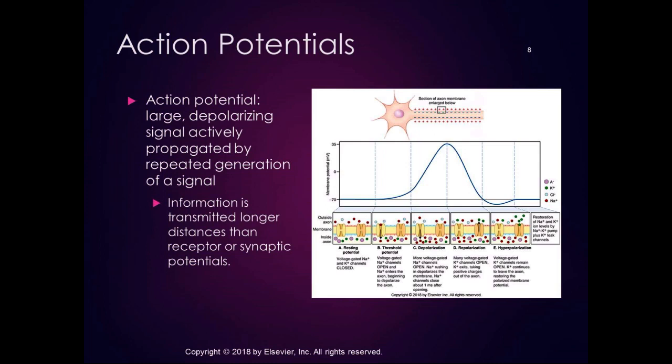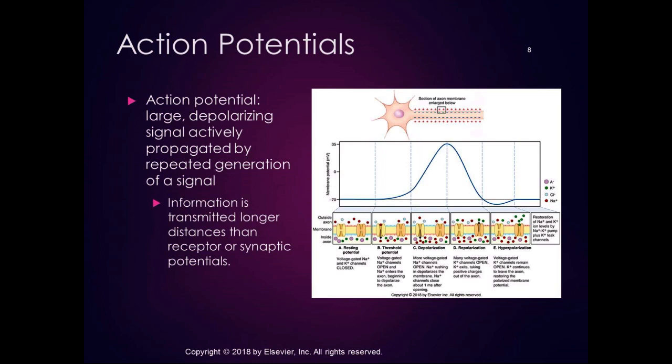When the cell gets depolarized, more voltage-gated sodium channels open, and sodium rushes into the cell, depolarizing the membrane. The sodium channels close about 1 millisecond after opening, so 1,000th of a second. So they just flash open, boom, they flash closed.